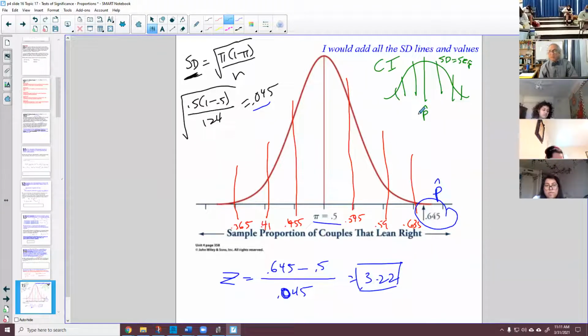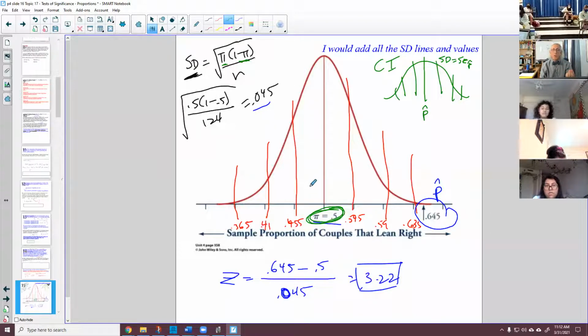When we're doing a test of significance, the center is our hypothetical pi, our null hypothesis. And the standard deviation, we use pi to calculate it, not p hat. So you have to make sure you're clear on that. When you're doing a test of significance, we're using pi to calculate these things.